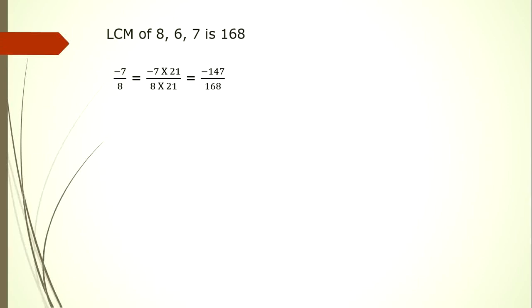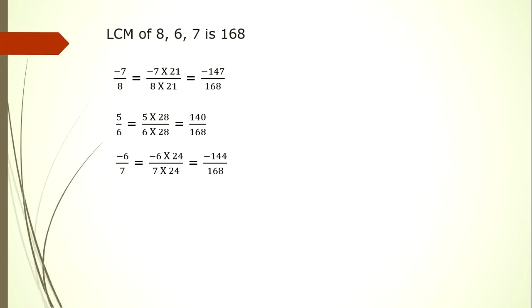So we have minus 7 by 8. I have to make the denominator as 168. So I need to multiply the numerator and denominator with 21, which gives me minus 147 by 168. 5 by 6 also to be made as a denominator 168. So I need to multiply 5 by 6 with 28 to get 140 by 168.